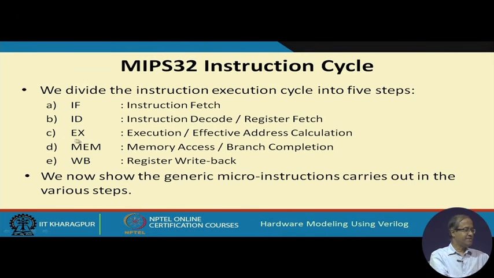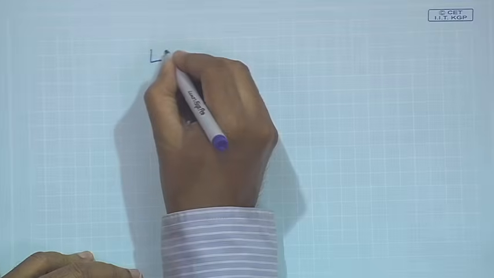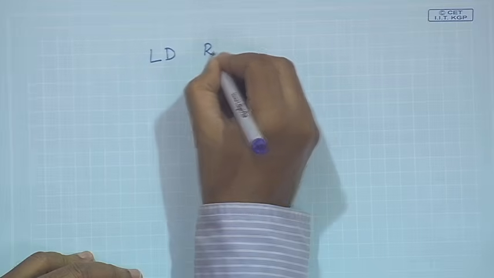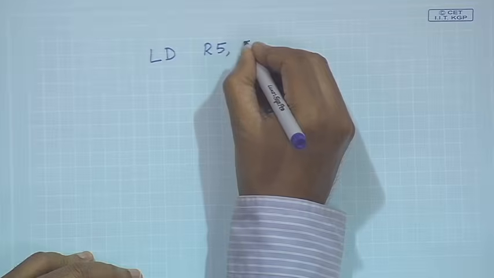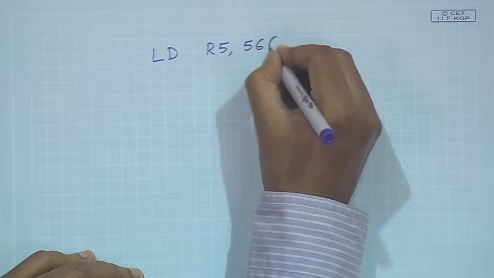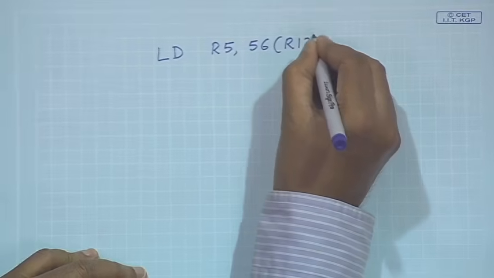And the third step is execution, where actually an arithmetic logic unit is used. Here we execute the instruction, or for some instructions we have to compute the effective address. Think of a load instruction. The load instruction that we talked about was like this: load, let us say R5, 56, R12.